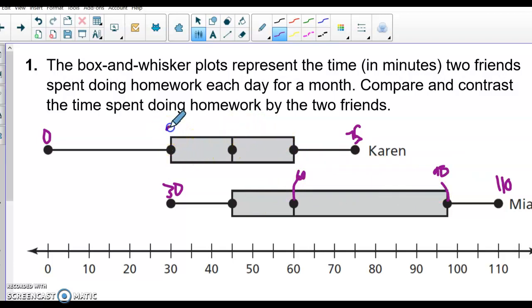So whether she spends 30 to 45 to 60, that box is very symmetric. So she's more consistent with her middle 50% of data, where Mia has more variety there.